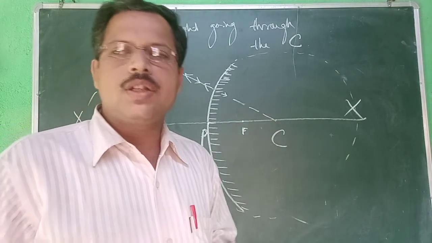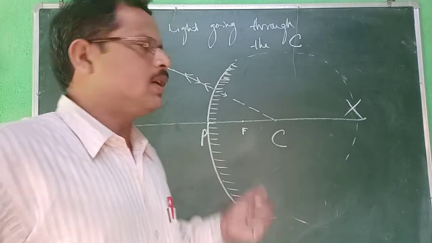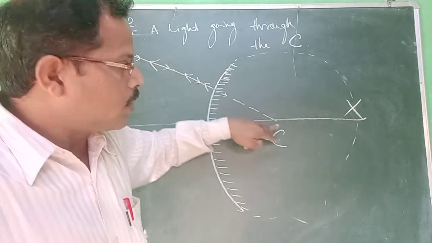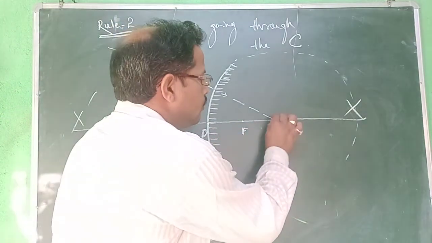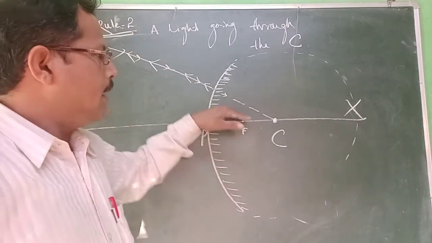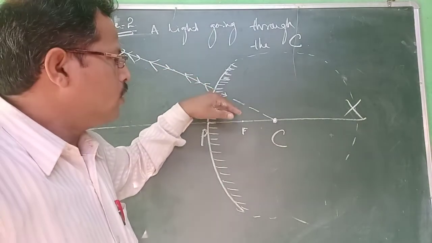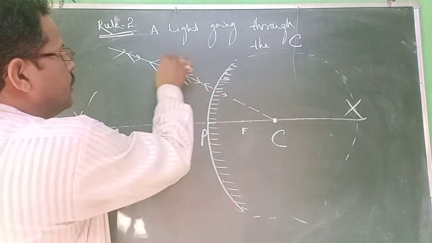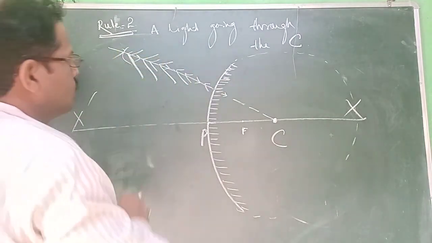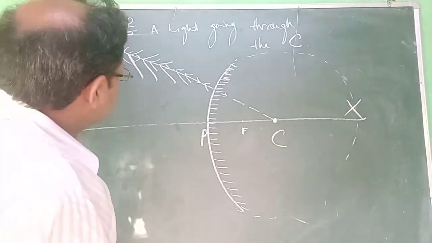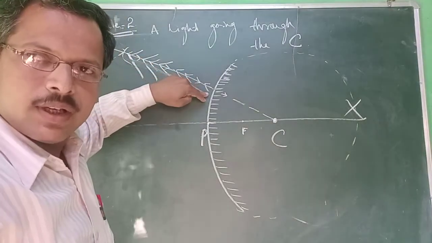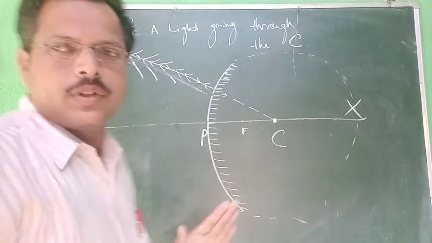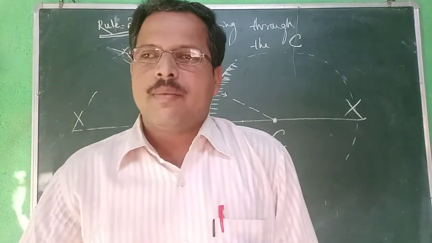Okay, that's all, nothing to be worried about. This will be the reflected ray. So the path of the incident ray is in this way, and the path of the reflected ray is also in this way. Okay, this is all about rule 2.